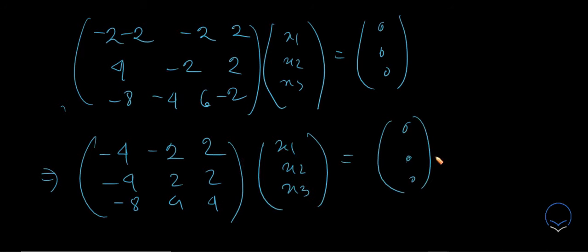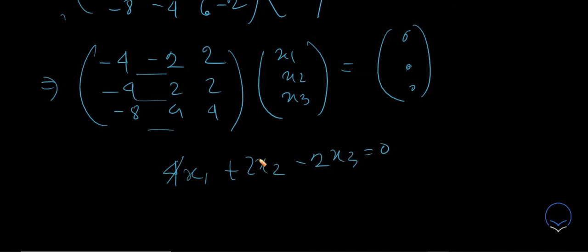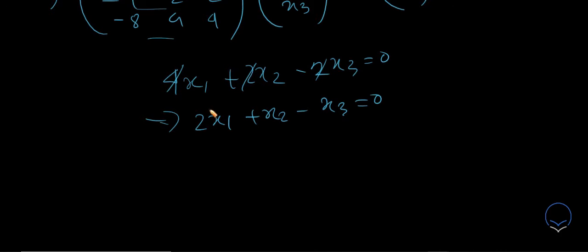You can see that these 3 rows give us only one equation. So let's write one of them: 4x1 plus 2x2 minus 2x3 equals 0. You can divide this by 2 and end up with 2x1 plus x2 minus x3 equals 0.